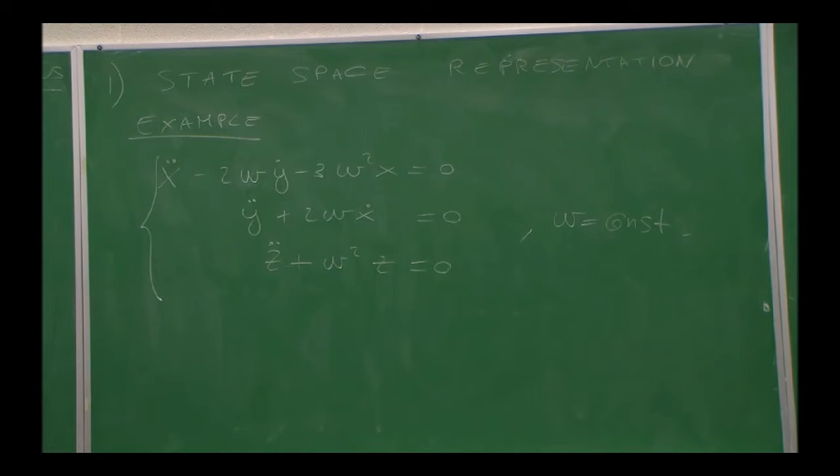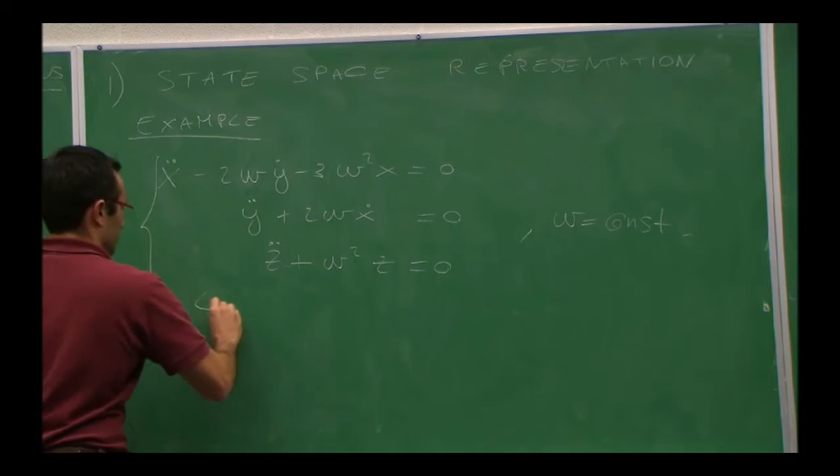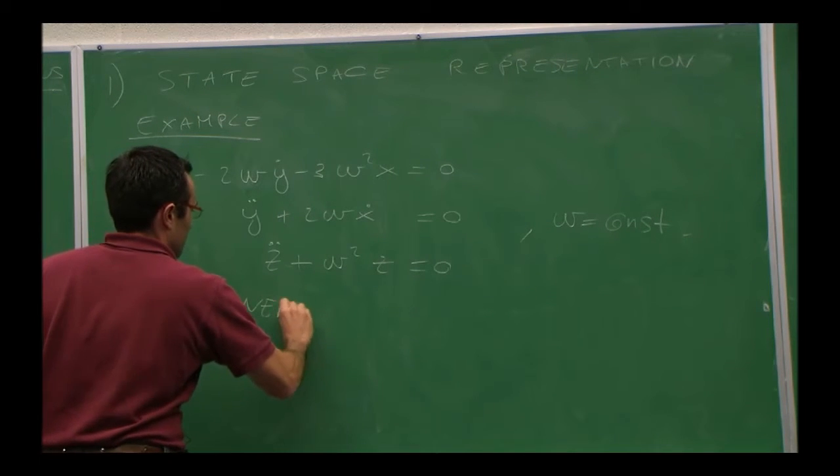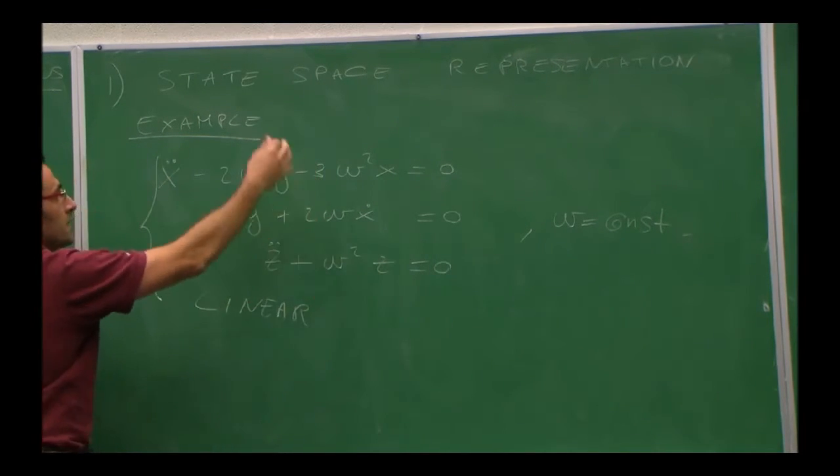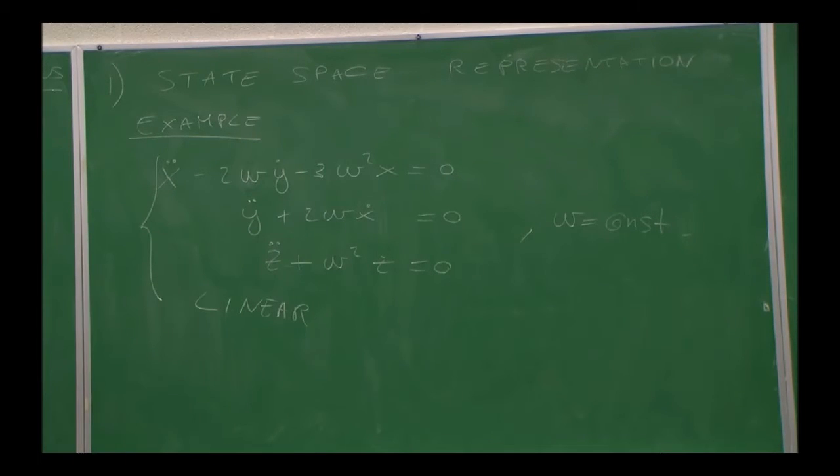For now, this is just three differential equations that are second order, because I see time derivatives up to second. They are linear, right? Because the x, the y, the z, and their time derivatives do not appear in cosines or divides or anything else. They're all linear.